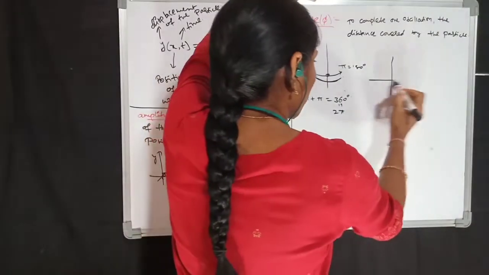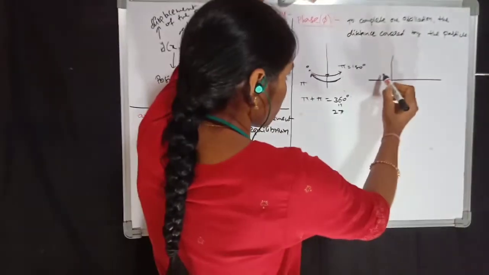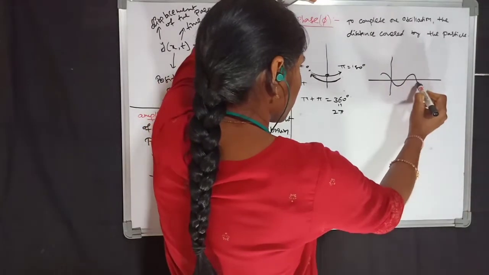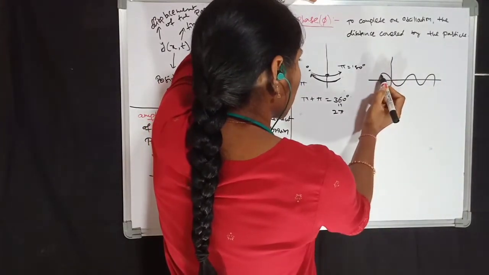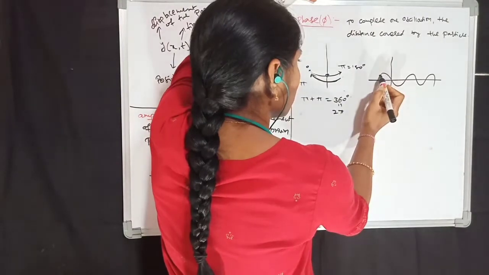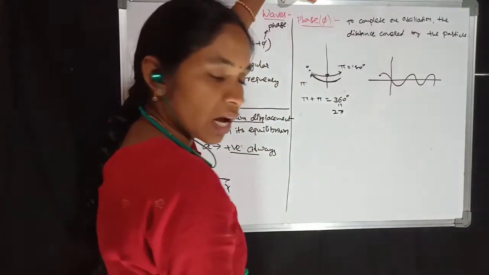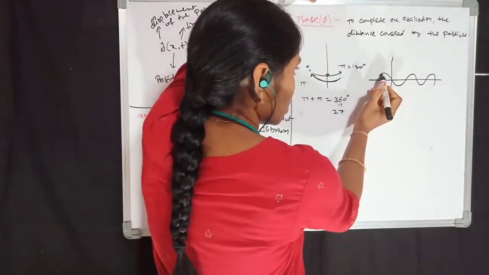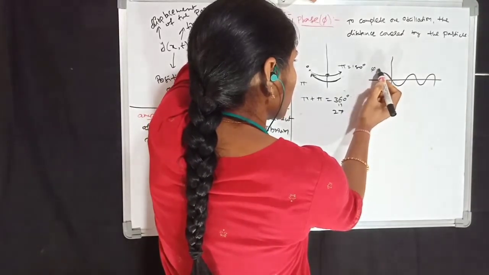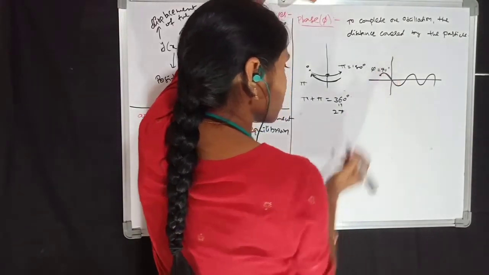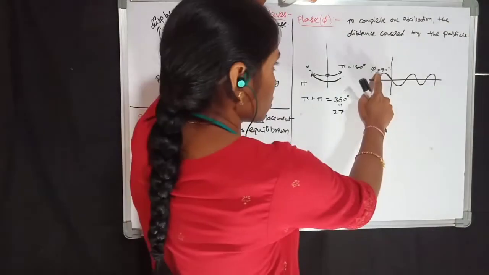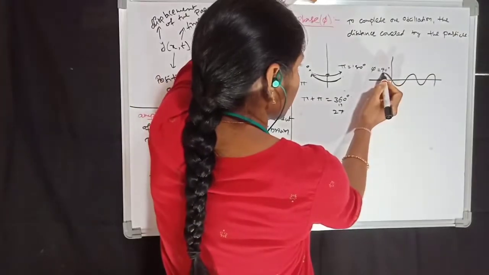If this is the waveform I have, initially the particle is here, and before reaching the origin, phi is 90 degrees.